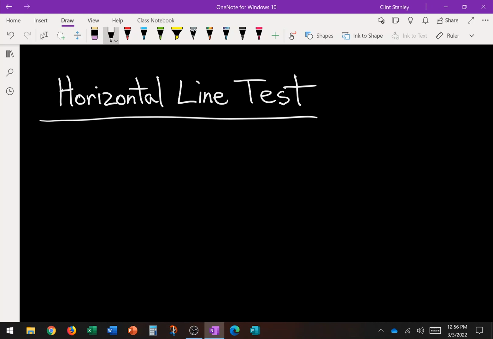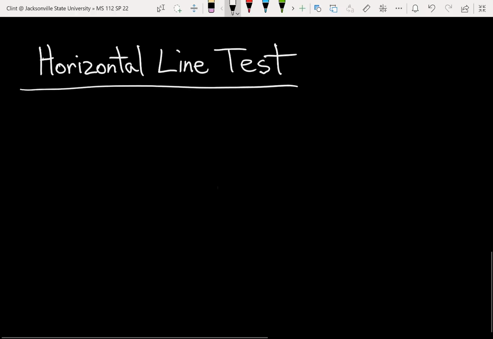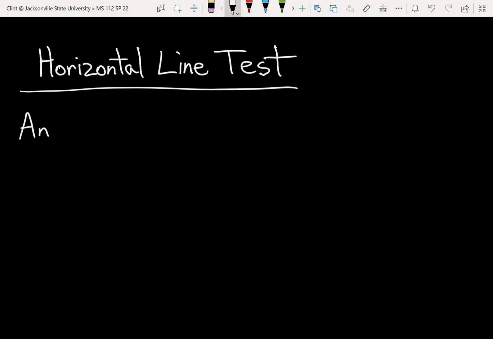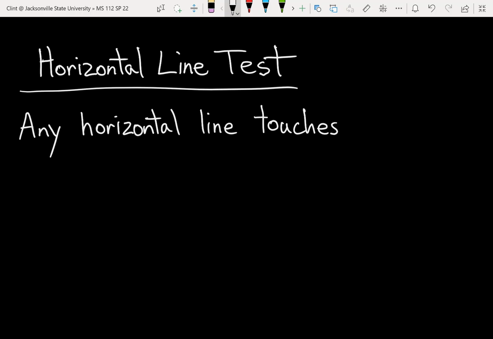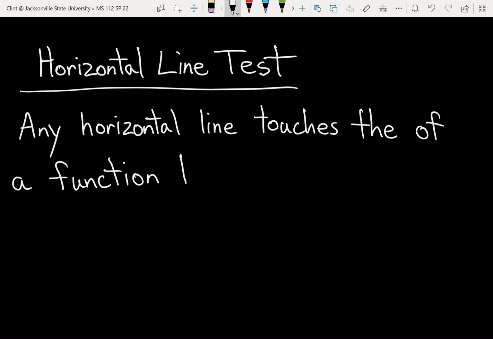So, a function has an inverse if any horizontal line touches the graph of the function at most once. It's still the same rule, at most once.